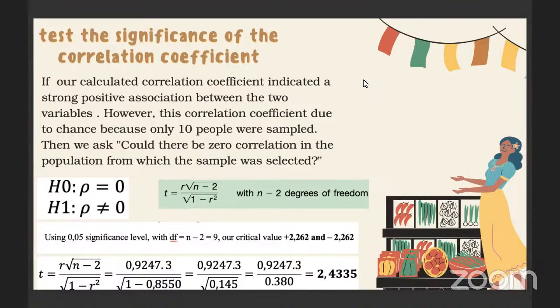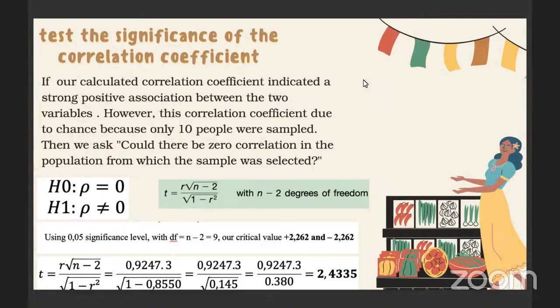And then our critical value will range from 2.262 and minus 2.262. And then we're going to calculate the t.